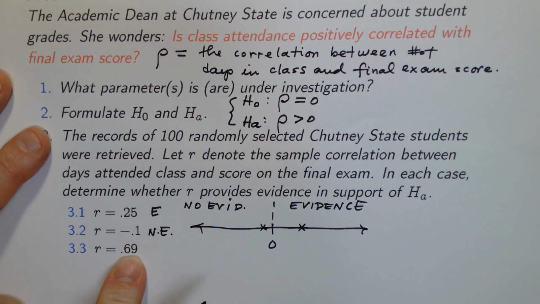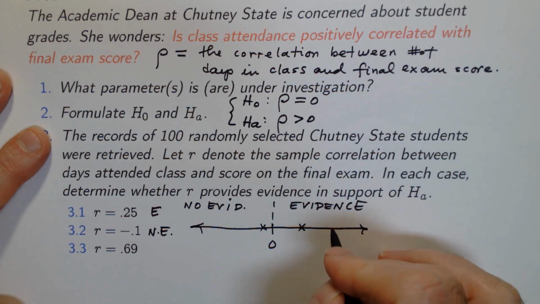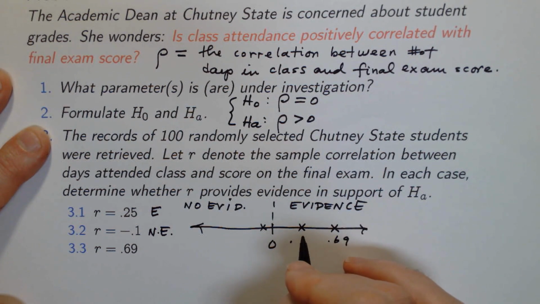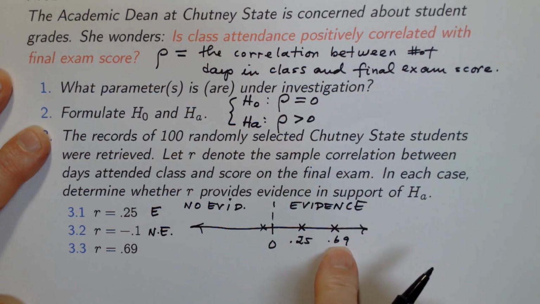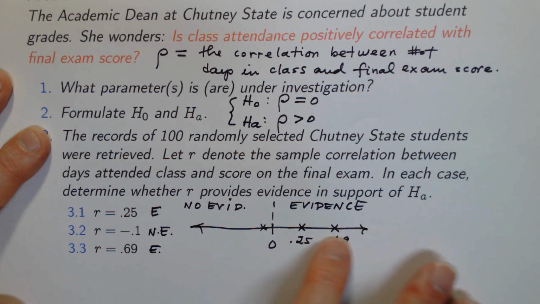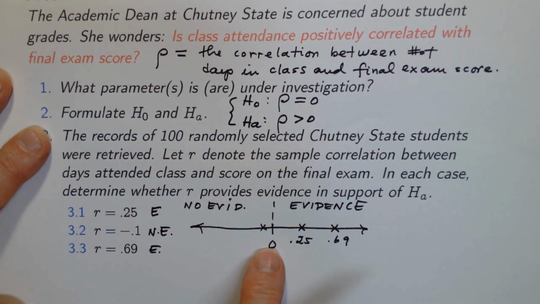If R is equal to 0.69, that would put it, let's say, out here. And there we would find evidence in support of the positive correlation. Both of these are providing us with evidence of the positive correlation, but since this one is further from the null parameter, it's stronger evidence.